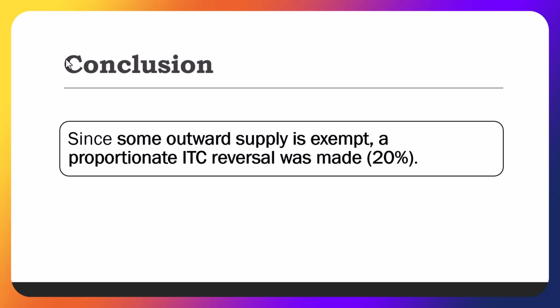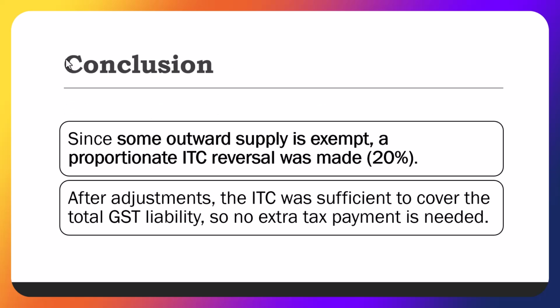Since some outward supply is exempt, a proportionate ITC reversal was made, which is 20%. After adjustments, the ITC was sufficient to cover the total GST liability, so no extra tax payment is needed.